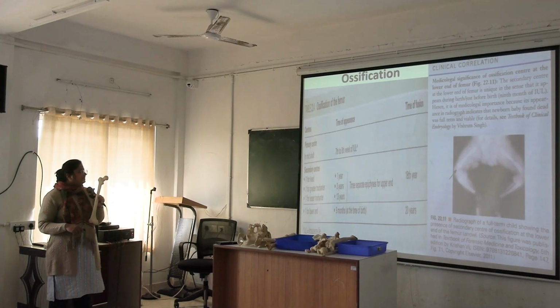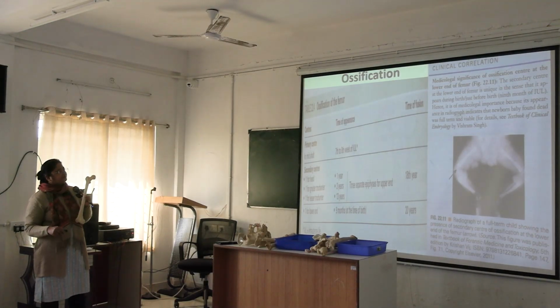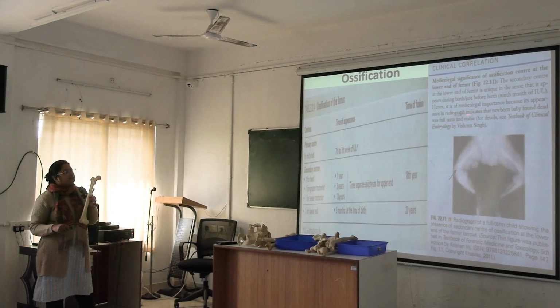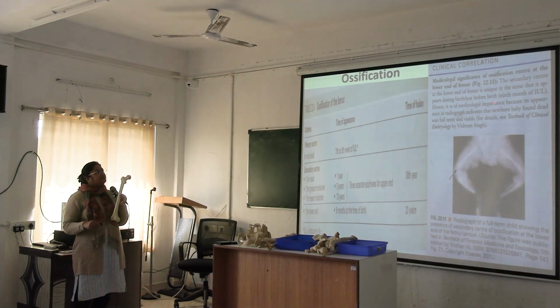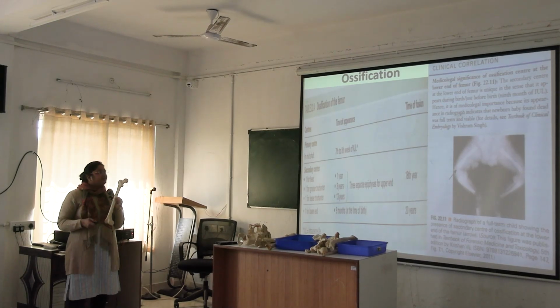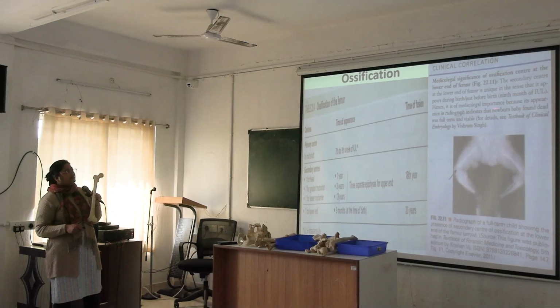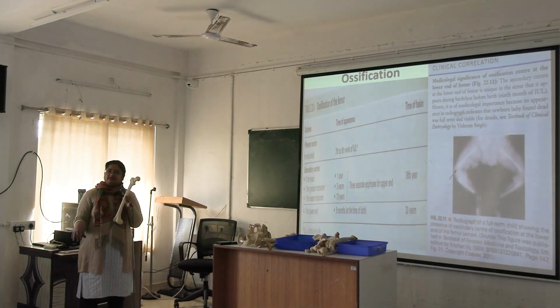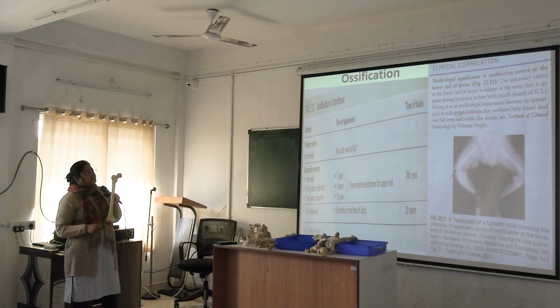So what is the clinical significance of the lower end? The secondary center at the lower end of the femur is unique in the sense that it appears during birth or just before birth, at 9 months of intrauterine life, and hence it has medico-legal importance to determine the age of a stillborn child, whether a newborn baby found dead was full term or viable.